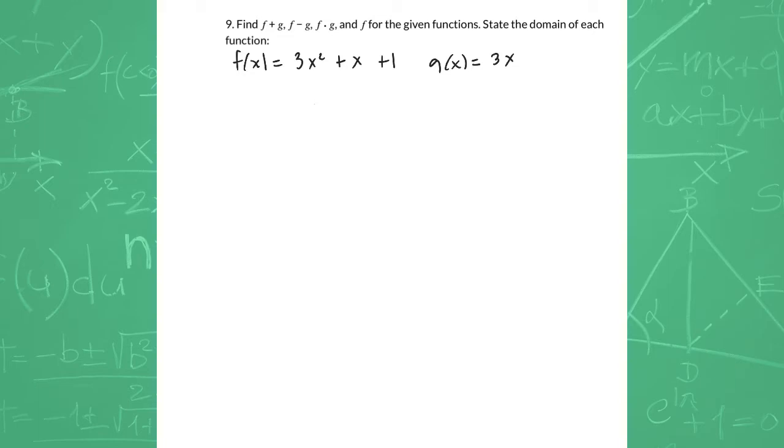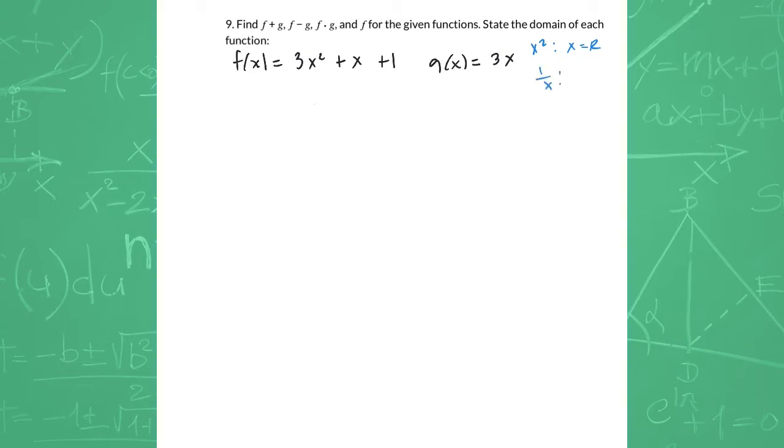Wait, before we do that, they also want us to state the domain. So let's note that the domain of a polynomial is all real numbers, because we know that the domain is the set of all possible x values, and x can be any real number.